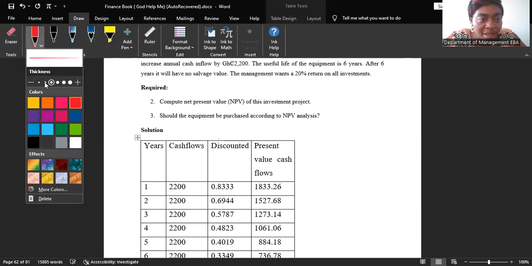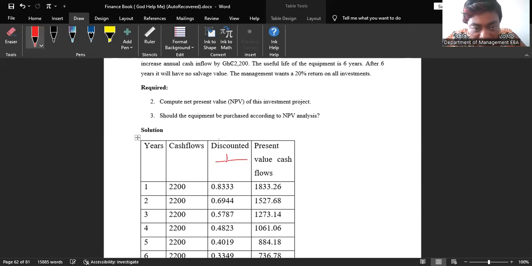Our discounting factor is 1 over 1 plus R, and we know R to be 20%, so 1 over 1 plus 0.20, raised to the power n.